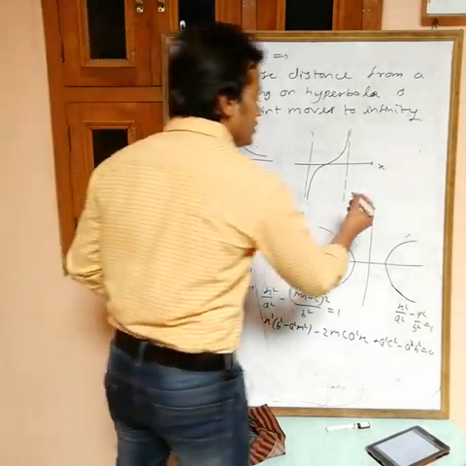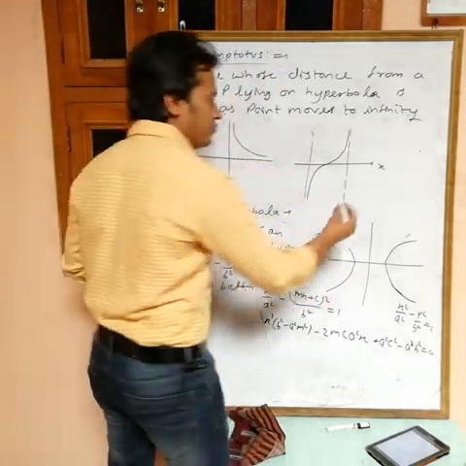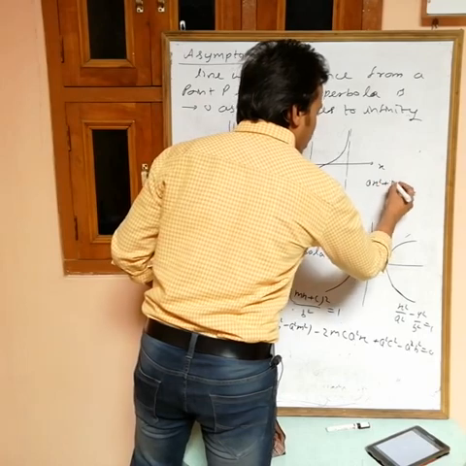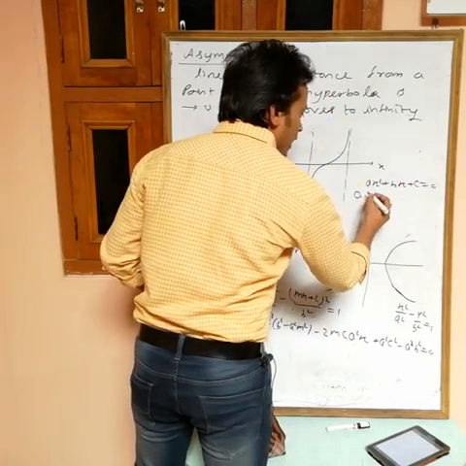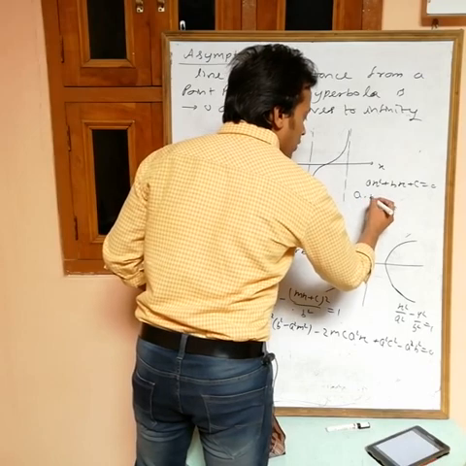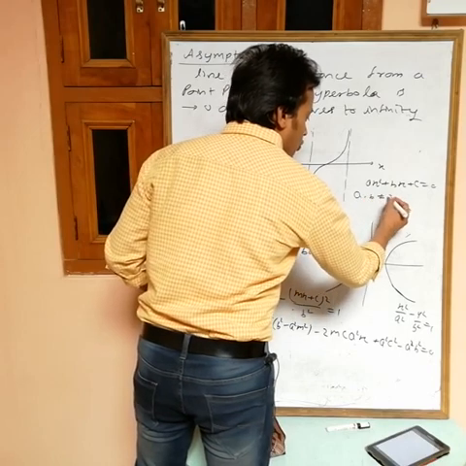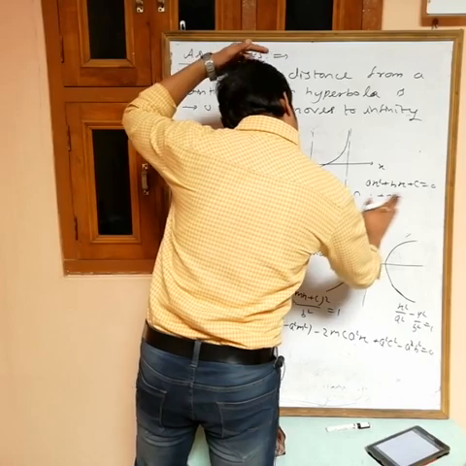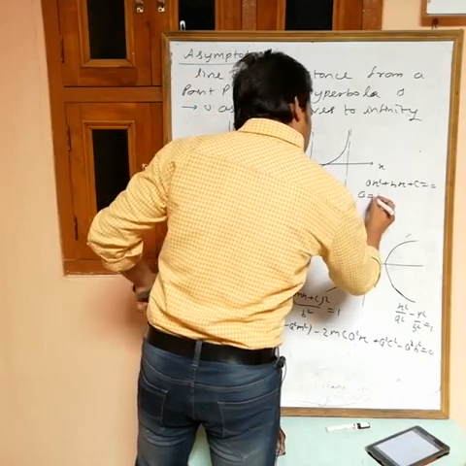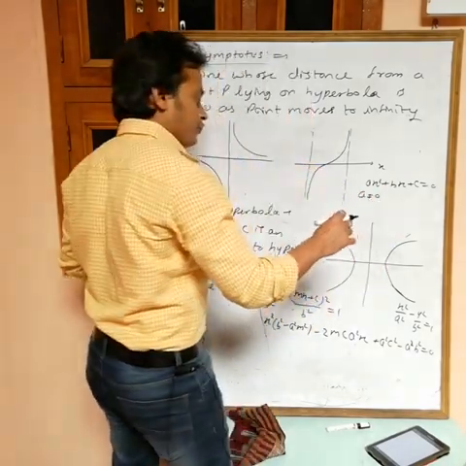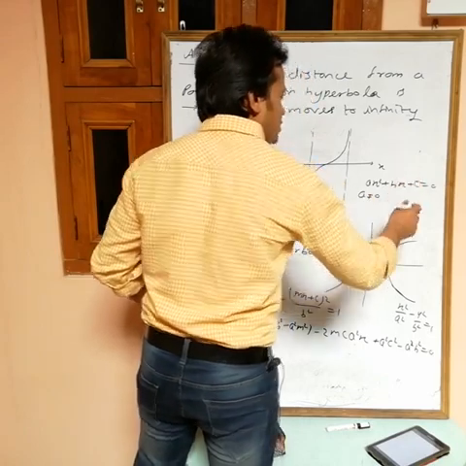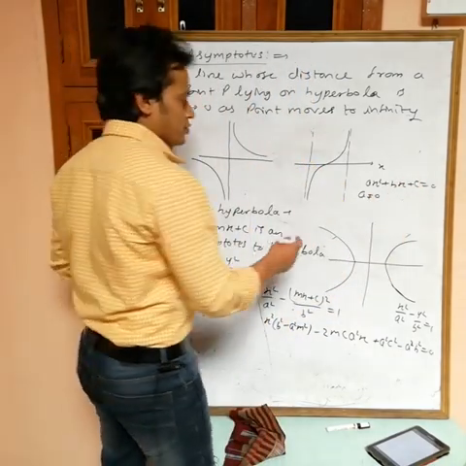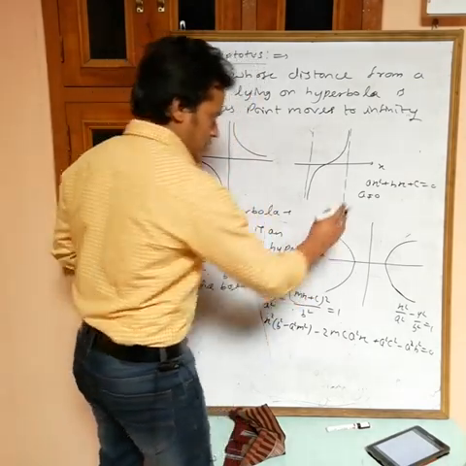And what is the condition for infinite roots? In ax square plus bx plus c equals 0, if a is not equal to 0, then you get roots normally.